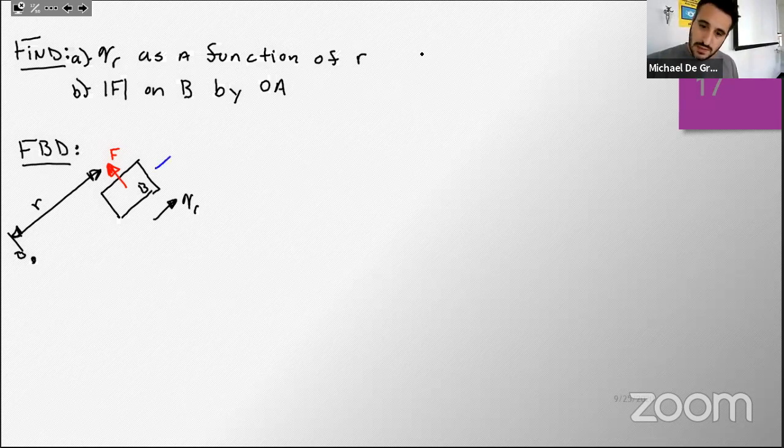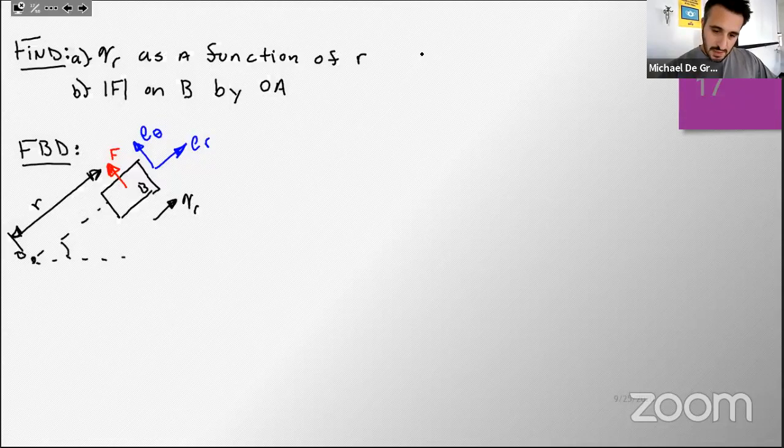My coordinate system: I've got my radial coordinate in the direction of motion and my transverse in the direction that my angle is changing. If I drew this here, this would be theta, and theta is changing, we're told, in this direction.